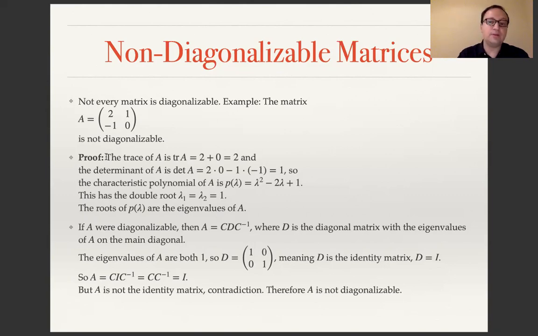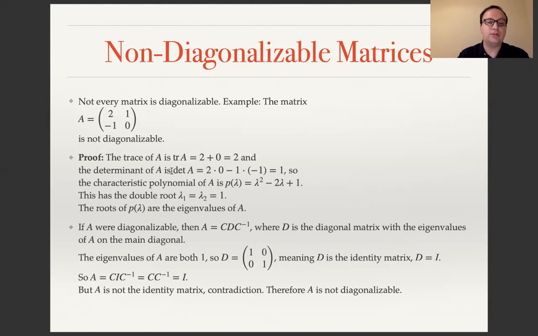So first, let's find its eigenvalues. In order to find its eigenvalues, we need to find its characteristic polynomial. So we need to find the trace and the determinant of the matrix. The trace is the sum of the values on the main diagonal. So it's 2 plus 0, which is 2.